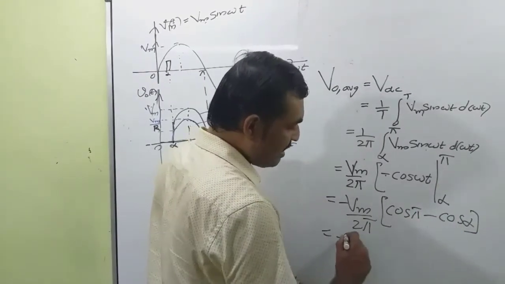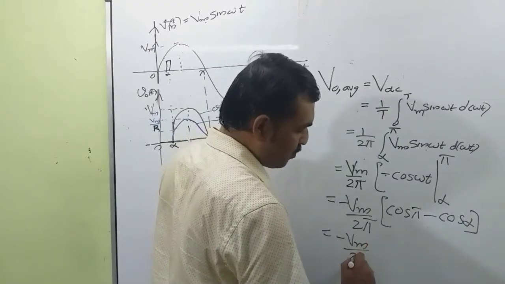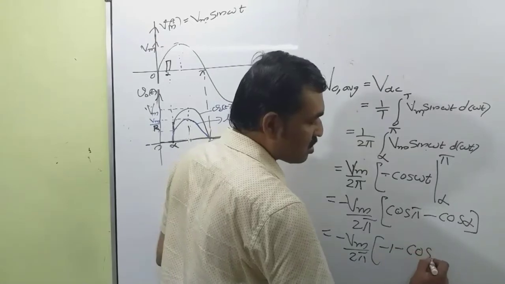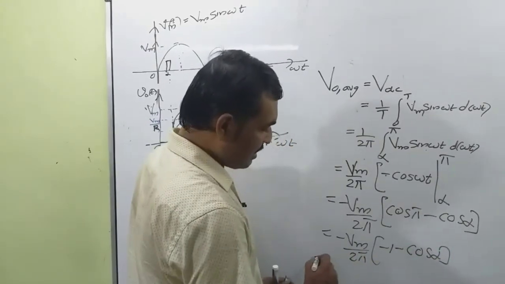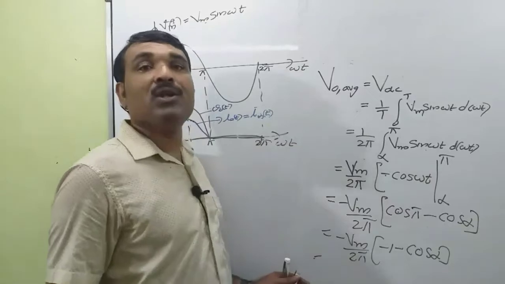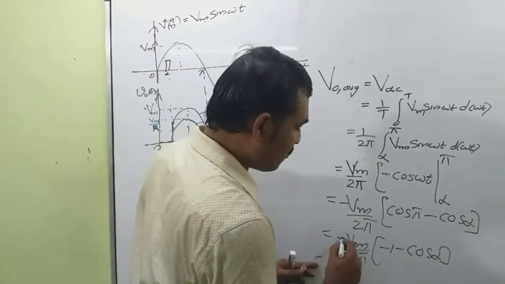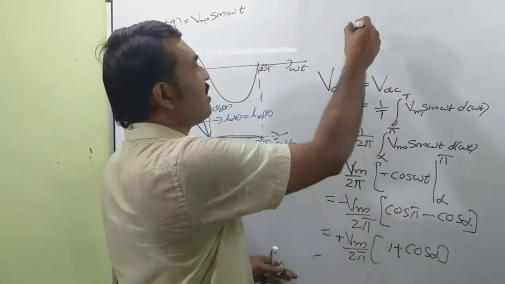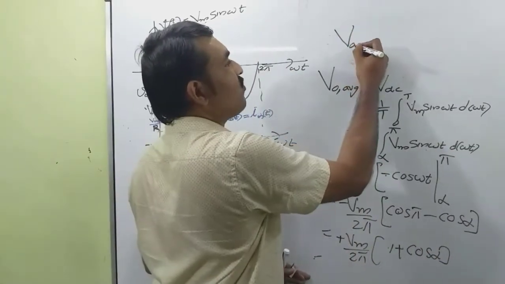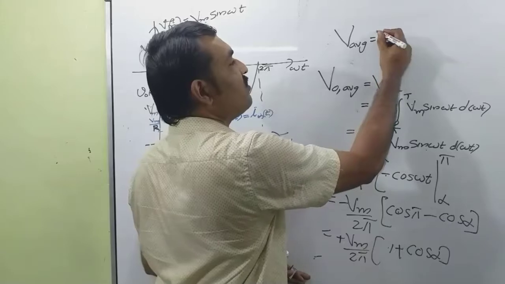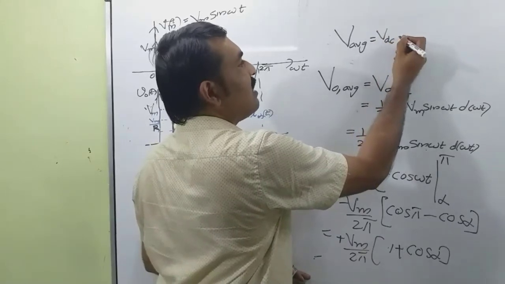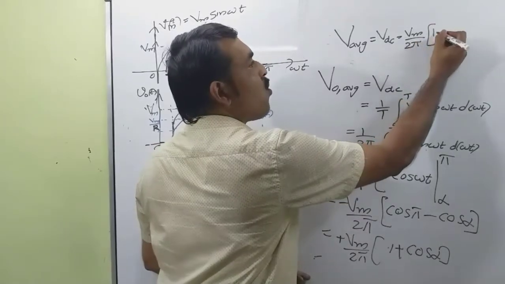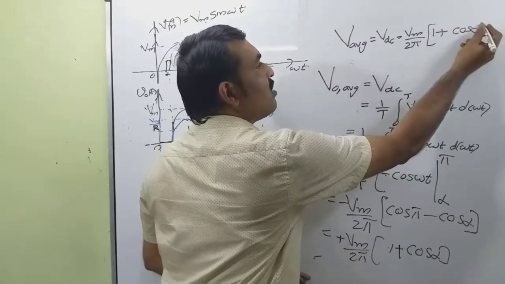So this is equal to minus Vm by 2 pi into cos pi, that is minus 1, minus cos alpha. So this is equal to Vm by 2 pi into 1 plus cos alpha. So we can write VDC, the average value of output, is equal to Vm by 2 pi into 1 plus cos alpha.